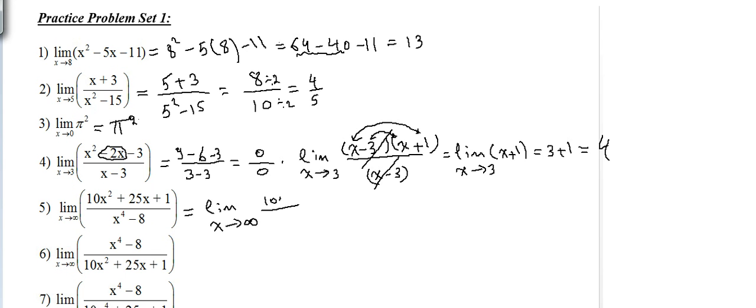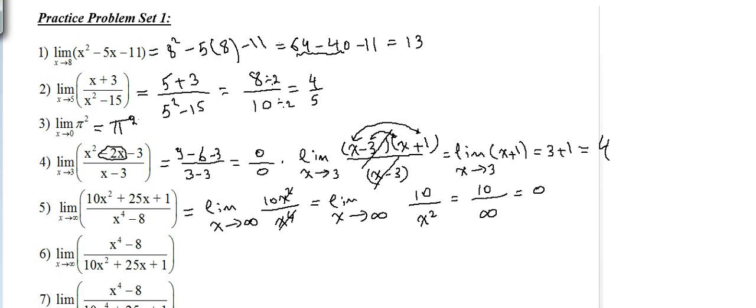We take just the coefficient and the x with the highest exponent in the numerator and denominator, and that gives us the limit as x tends to infinity of, we simplify x squared by x power 4. What is left up is 10, and down in the denominator is x power 2. Now by substituting infinity for x, infinity squared is infinity. A constant number over infinity is 0.